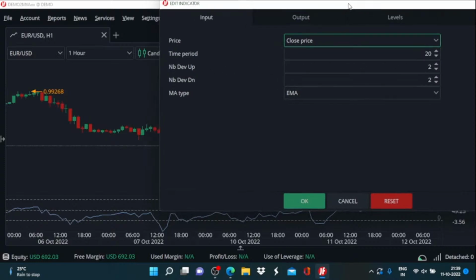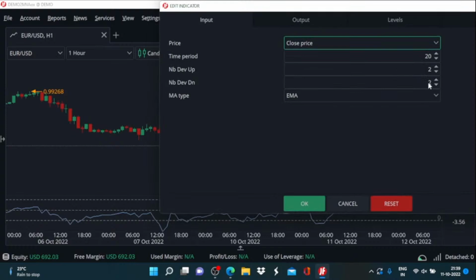Standard deviation on the upside and on the downside can be drawn differently for this indicator. So this is a major change compared to the percent Bollinger Band. In the case of the percent Bollinger Band extended indicator, we get this additional option where we can specify the standard deviation differently for both sides.